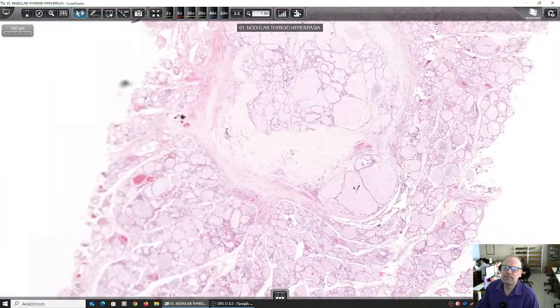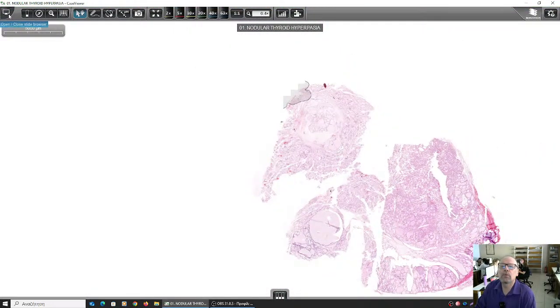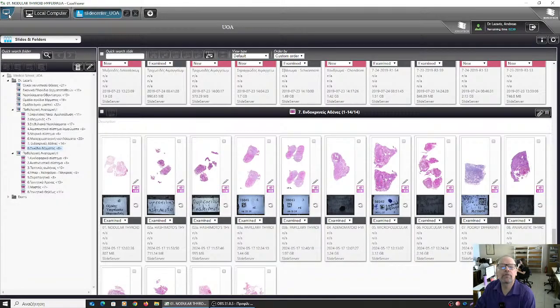And always, especially when we have some signs of calcification in these areas, we always have to cut deeper sections because sometimes we might find a papillary microcarcinoma in areas of fibrous replacement of the gland. But this is not a rule. So this is the easy slide. We have nodular hyperplasia of the thyroid.